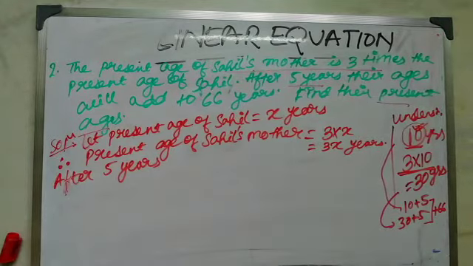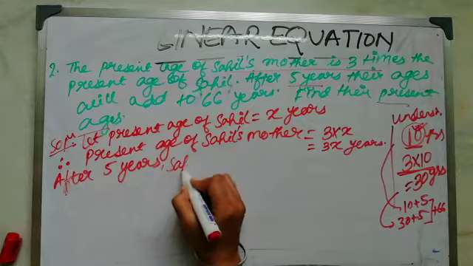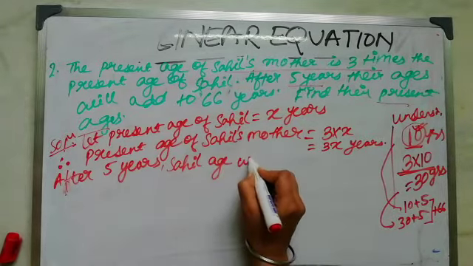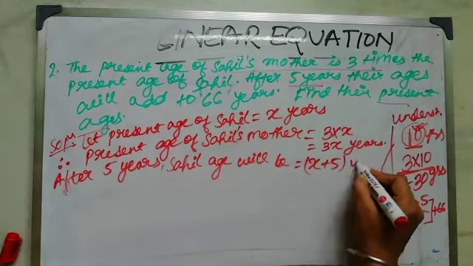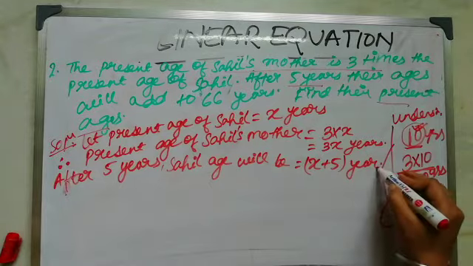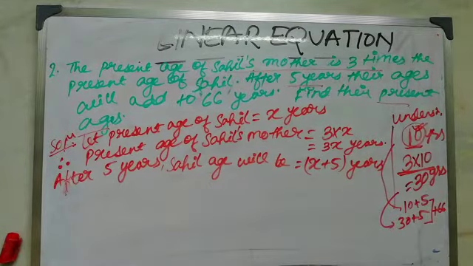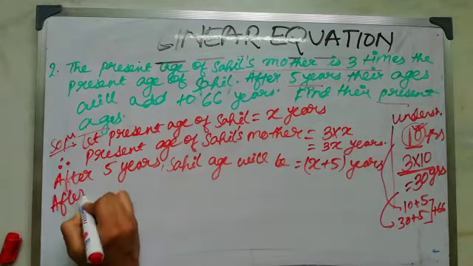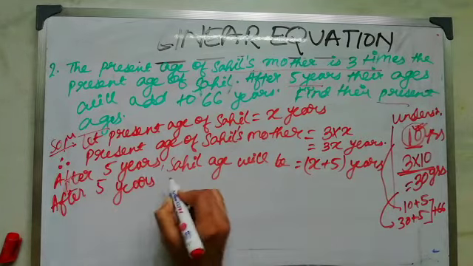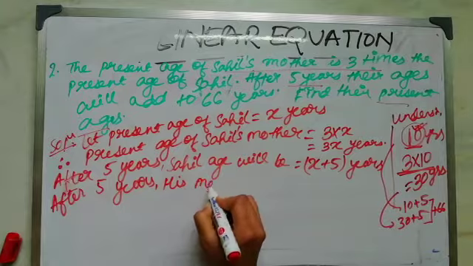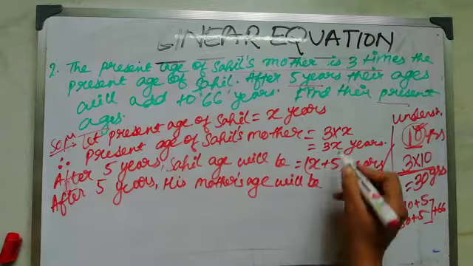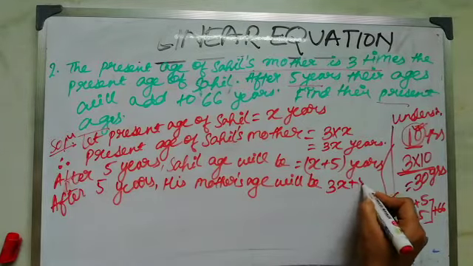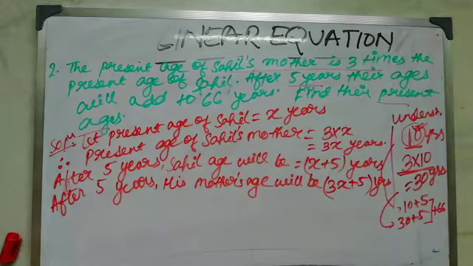Now, after 5 years, Sahil's age will be x plus 5 years, isn't it? If your age is 10 years right now, then after 5 years you will be 15, because I am adding 5. Similarly, after 5 years, his mother's age will be 3x plus 5 years, isn't it?